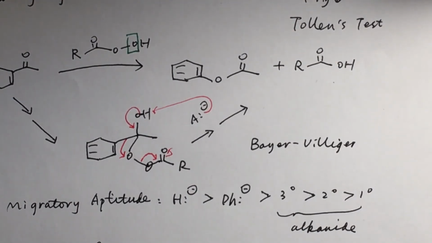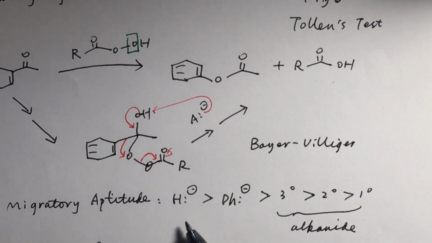The tendency of which group tends to migrate is referred to as the migratory aptitude. The migratory aptitude is in the order of hydride, followed by phenyl, followed by alkyl, and in the order of tertiary better than secondary, followed by primary alkyl.